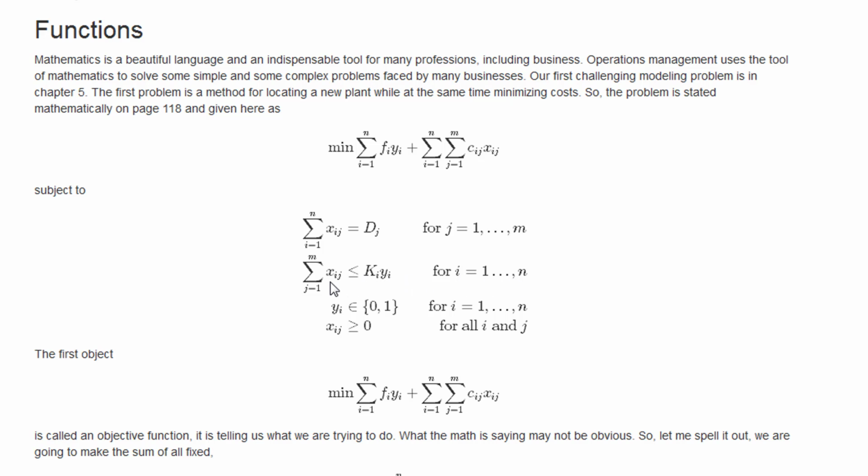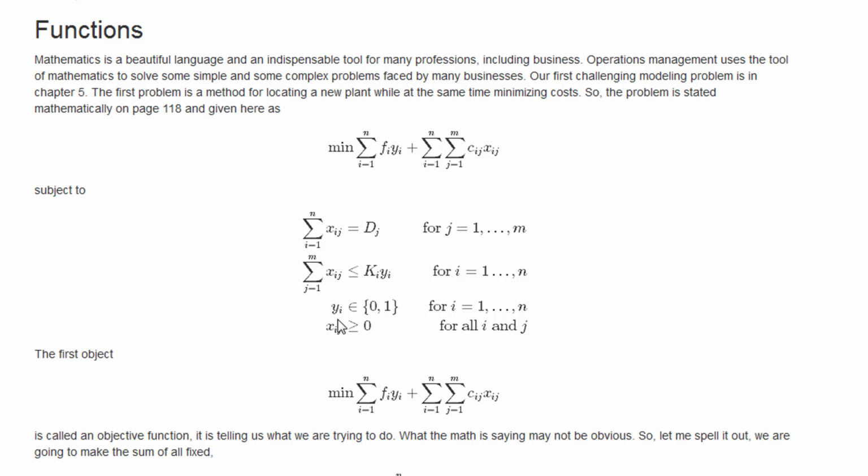And this says my production, which gets shipped to each of my markets from facility i, cannot exceed the capacity of facility i. That's actually a fairly simple idea. I can't produce more than my building will allow me to produce. So the equation is saying that same thing, but in math language.